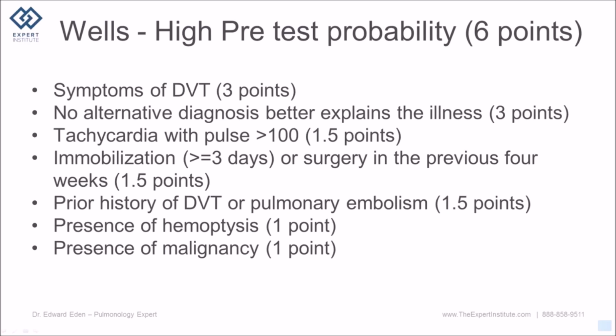High pulse rate, a history of long car travel or plane travel or surgery, a prior history of pulmonary embolism or venous thrombosis, and the presence of malignancy or coughing blood. So a score that's higher or equal to 6 points would increase suspicion for pulmonary embolus and lead to further diagnostic testing.